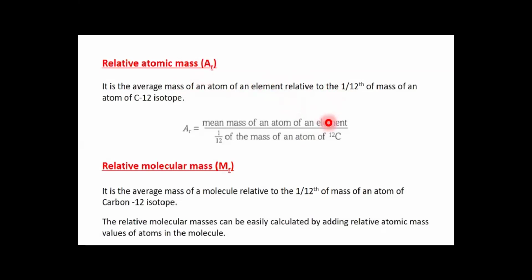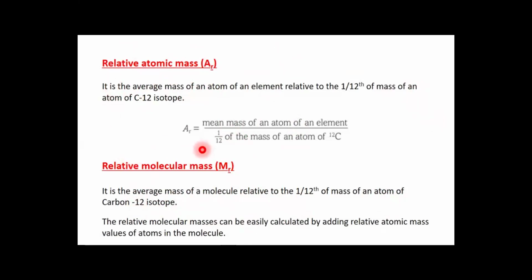Right? Clear? Right. Then what is the relative molecular mass? The difference here is we are measuring the mass of a molecule. Here also we are measuring the mass of a molecule relative to the 1/12 of the mass of an atom of carbon 12 isotope. Right? If it is the relative atomic mass, that is the mass of an atom relative to 1/12 of the mass of the carbon 12 isotope.